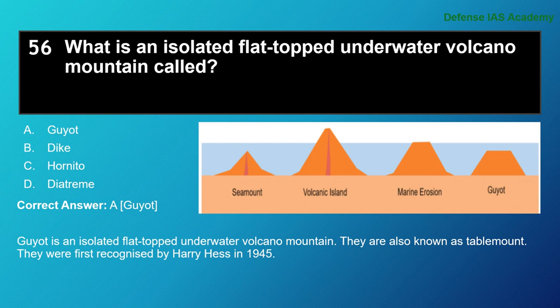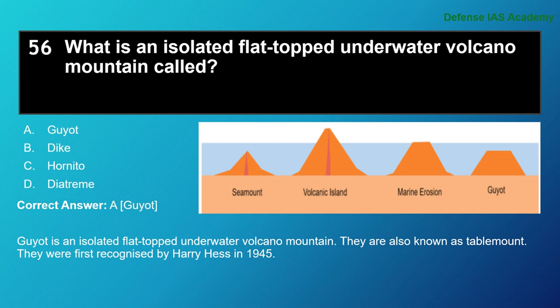Now, as soon as the volcano breaches the sea surface, the waves and other factors like the wind, rainfall, and weathering will cause erosion to the volcano. Over time, this will erode the flanks and tops of the structures that are formed as part of the volcanic eruption.